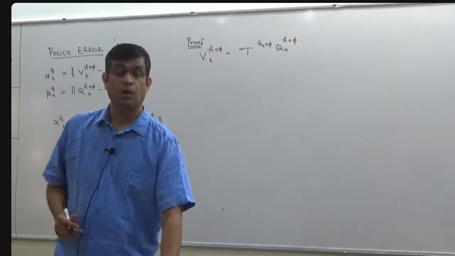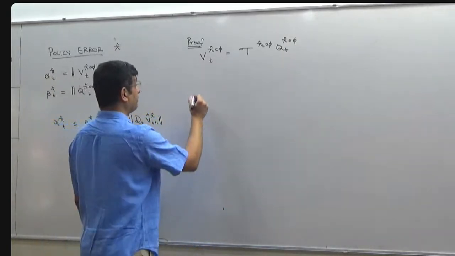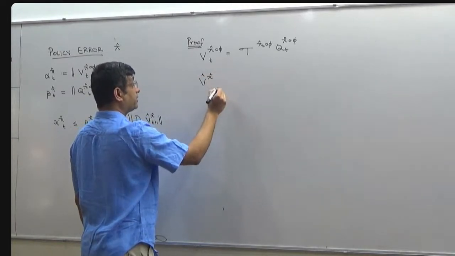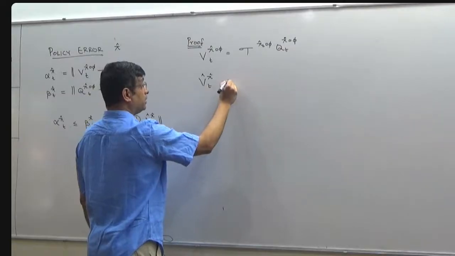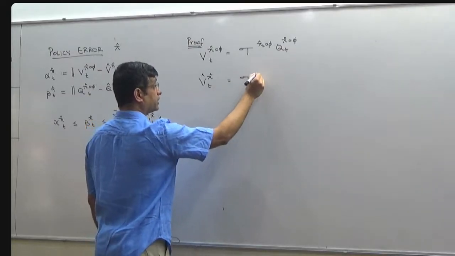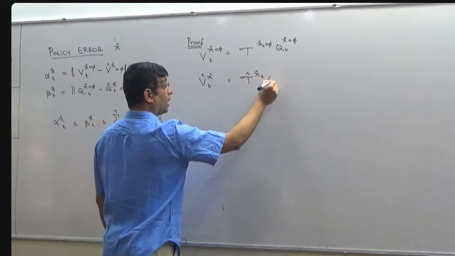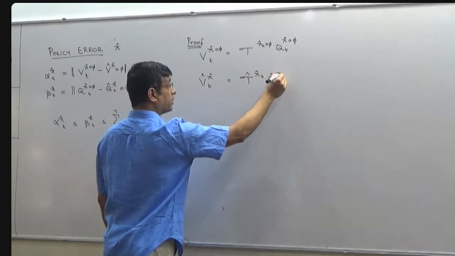While V hat pi hat t is the operator in the hat model, pi hat t applied to q hat pi hat t.